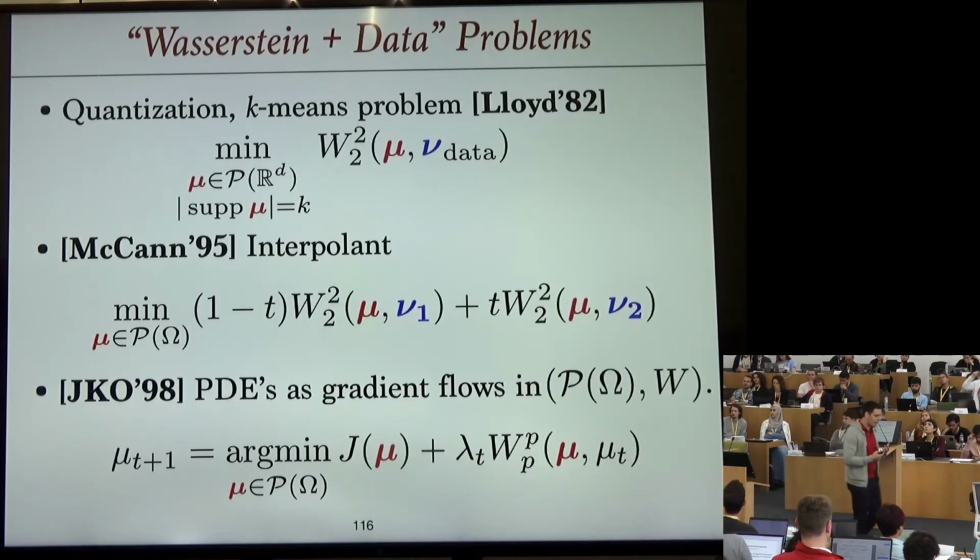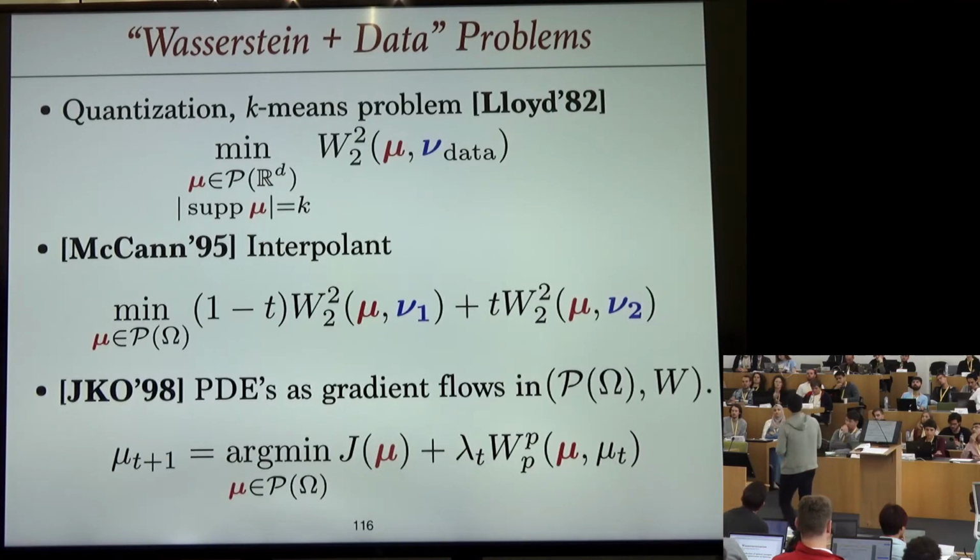So if you think about what kind of problems involve the Wasserstein distance, there's at least one which I know you have all used at some point, and that is k-means. So this is a fascinating thing. I think it's an interesting fact that k-means is actually a Wasserstein problem.